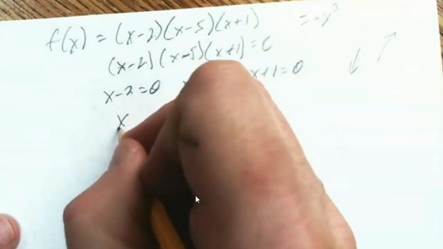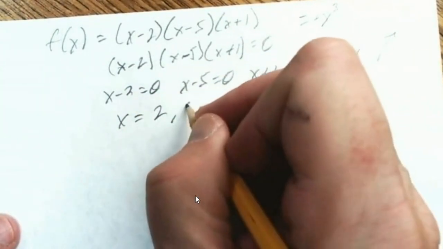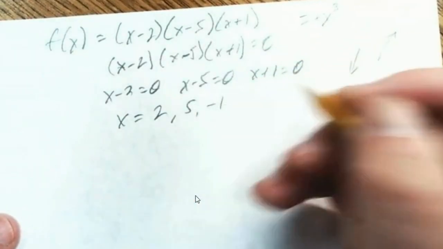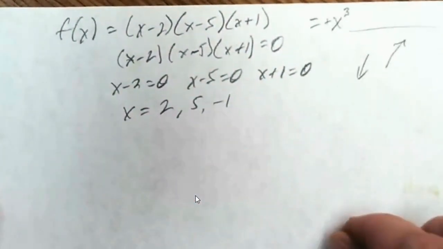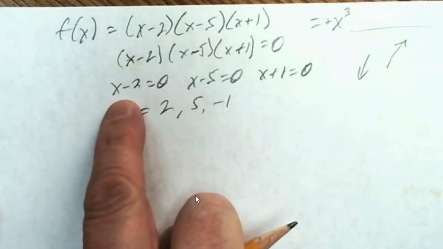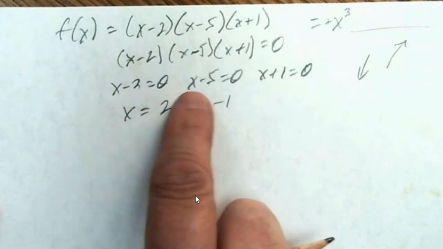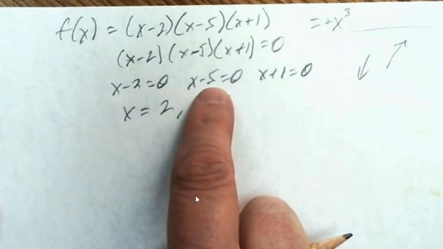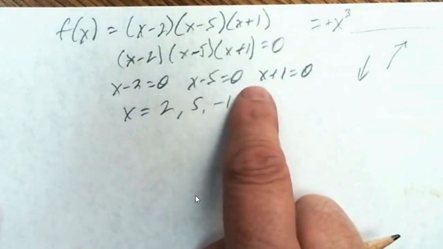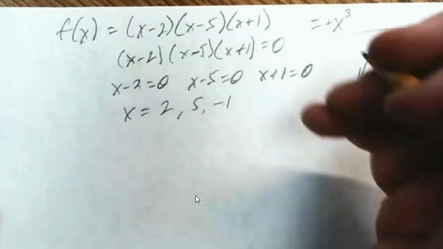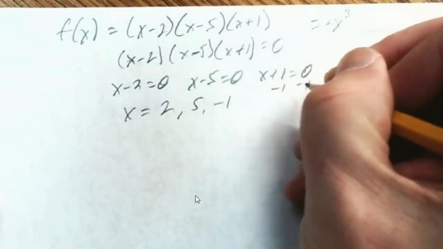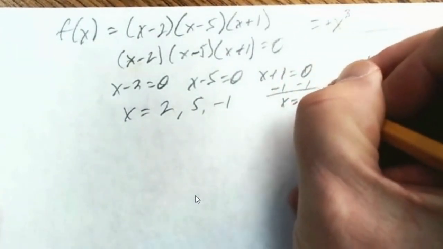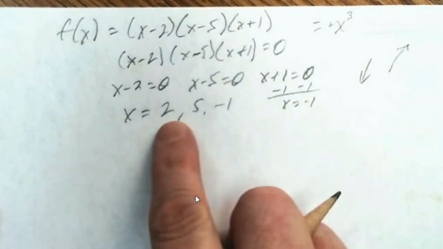So the solutions are x equals 2, 5, and -1. Because x minus 2 equals 0, so x is 2. 2 minus 2 equals 0. 5 minus 5 equals 0, so x is 5. -1 plus 1 equals 0. You could also find it by subtracting 1 from both sides.